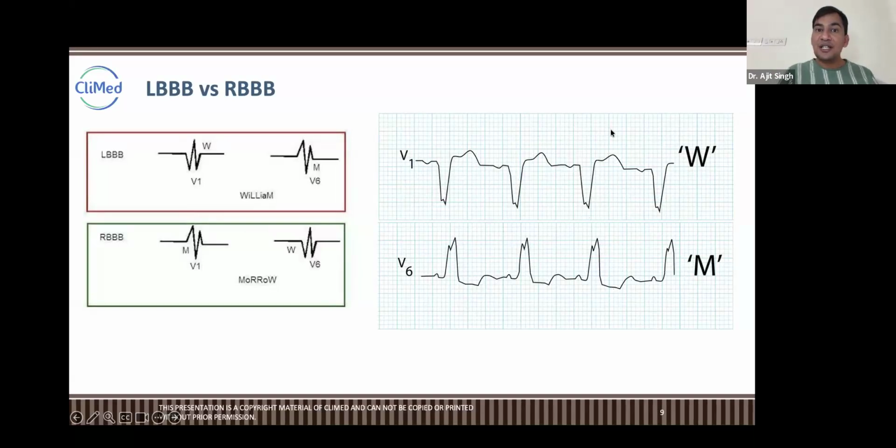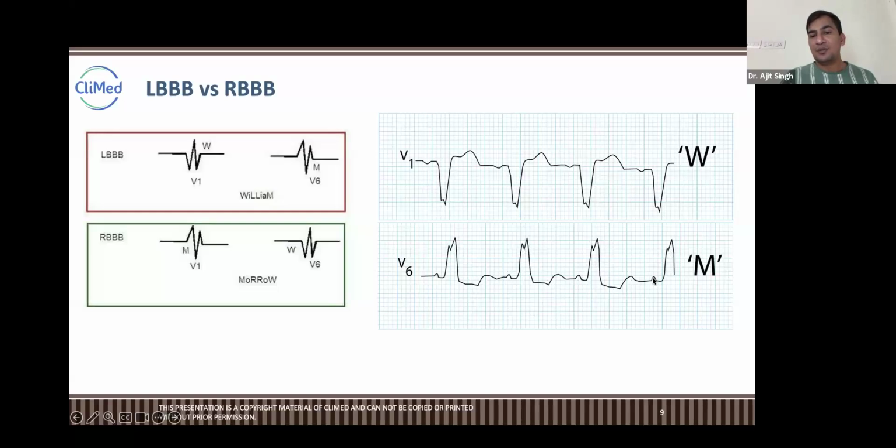W represents an inverted QRS complex also, and M represents an upward QRS complex also. This is a clear M, a clear M in the QRS.